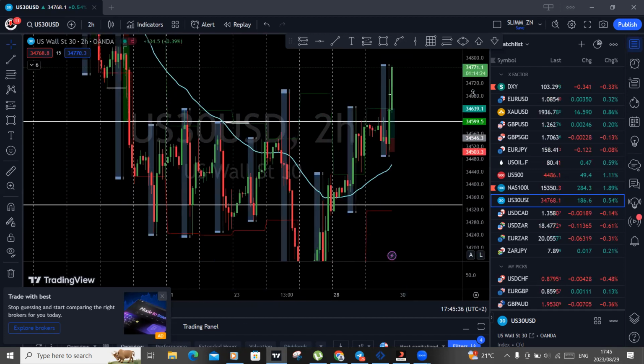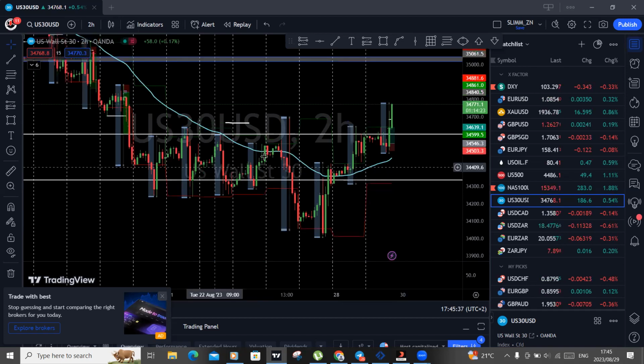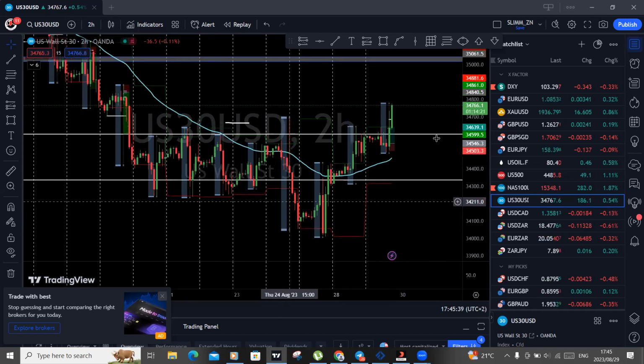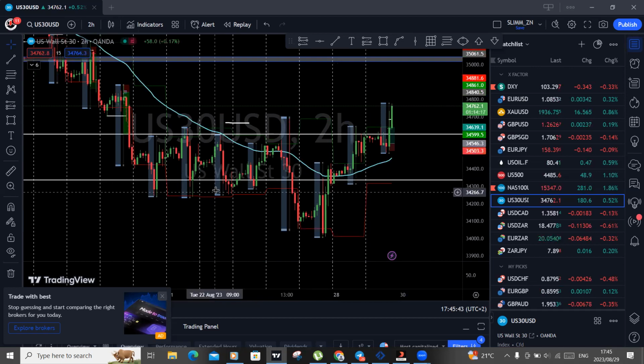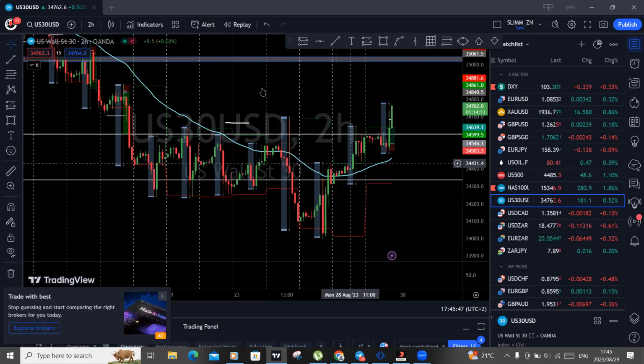Oh, I remember this was moving ugly last week when the range came back down. Actually, I don't trade US 30 actively. If I did, I think I would have capitalized. But anyways, it's all good.